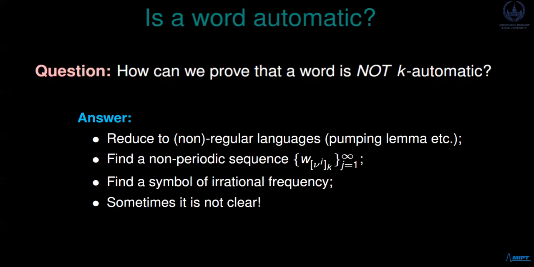Sometimes the structure of the word can be complex enough that no simple proof applies. So in summary, proving that a word is not K-automatic typically involves showing that it violates one or more key properties of automatic sequences, such as regularity or rational frequencies.